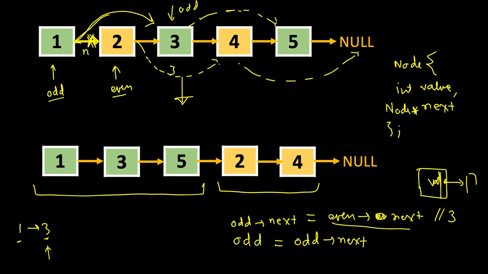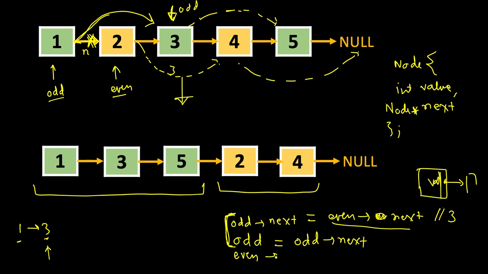Even is here. So we will use the same logic, because we are repeating the logic. Even's next we make whatever is odd's next. We have already moved odd one step ahead. When we applied this logic to odd, its next element was the current even.